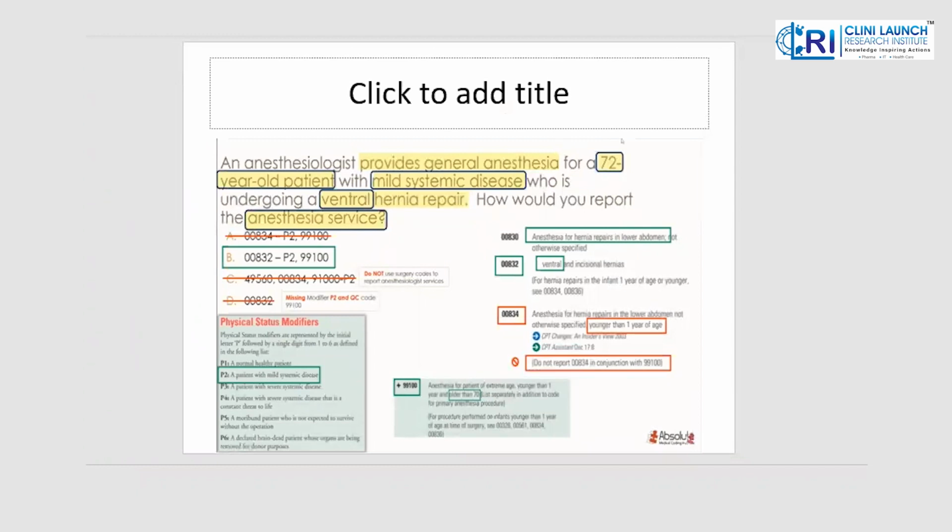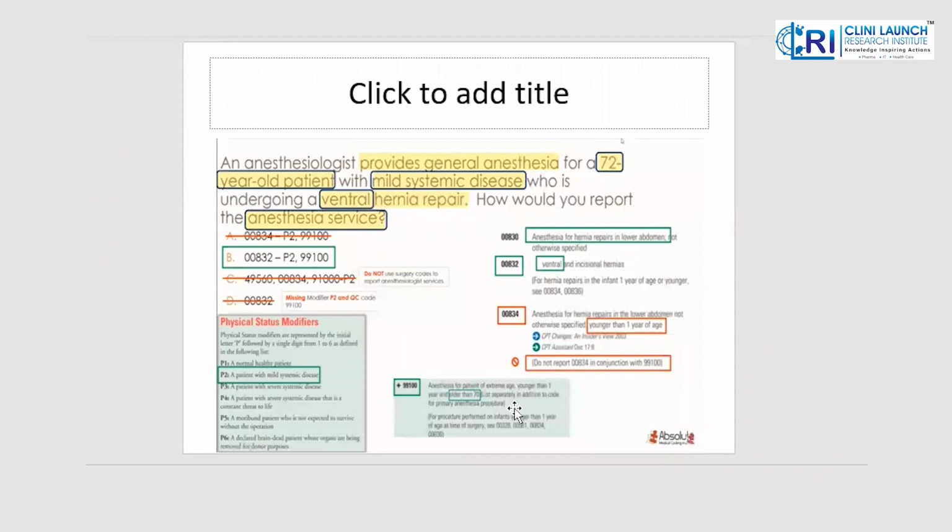But you will again read the code description. 00832 is anesthesia for hernia repairs in lower abdomen, ventral and incisional hernia. So the repair that is done is for the ventral hernia, correct? So your code will be 00832 P2 and 99100, that is the qualifying status.